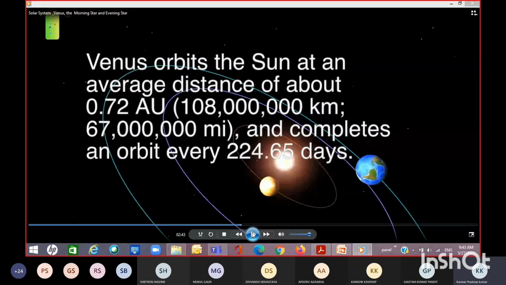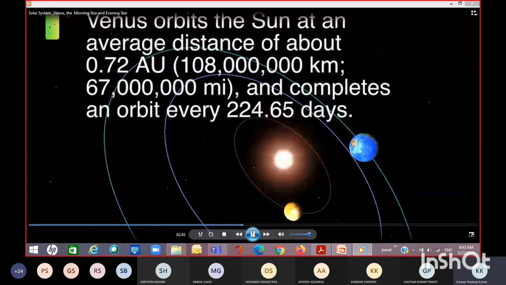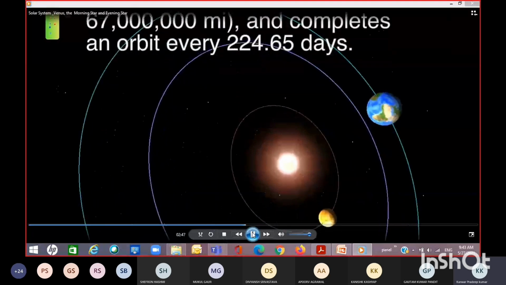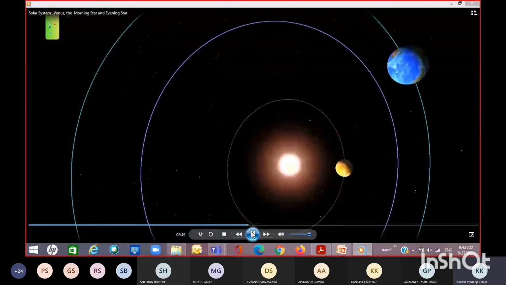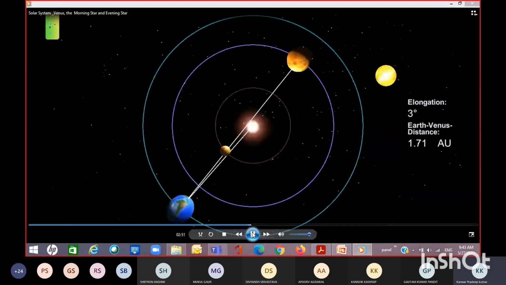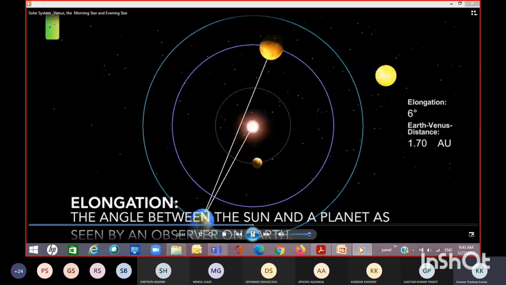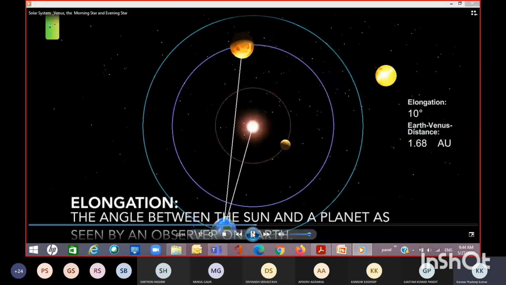Venus orbits the Sun at an average distance of whatever and completes an orbit every 224.65 days. This we already saw yesterday. Now you see the elongation over here of Venus.